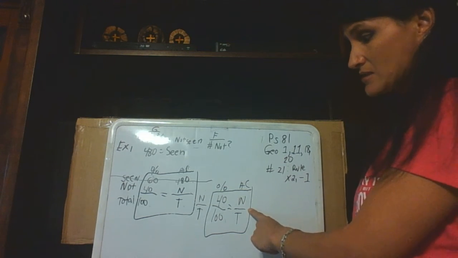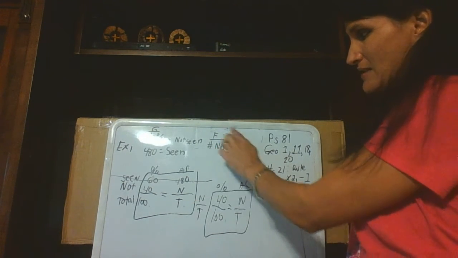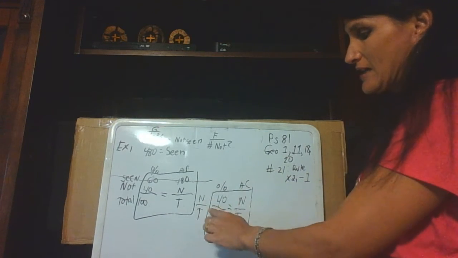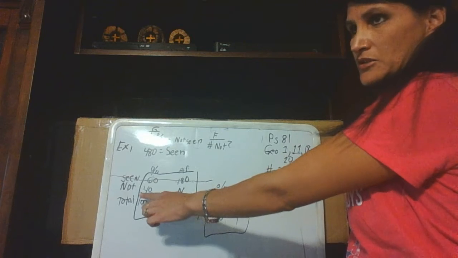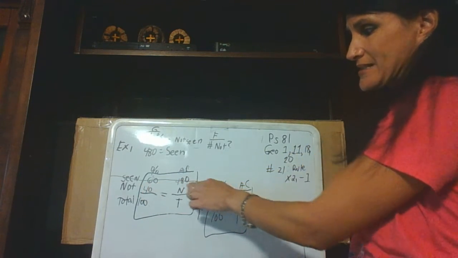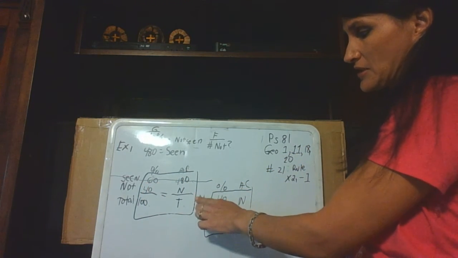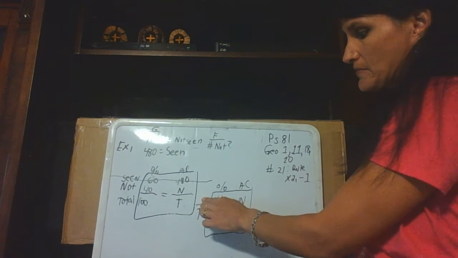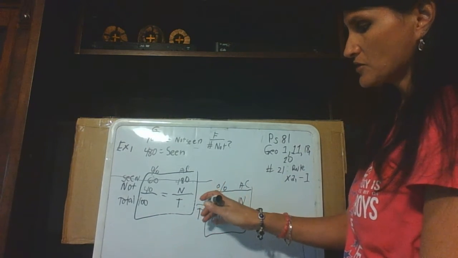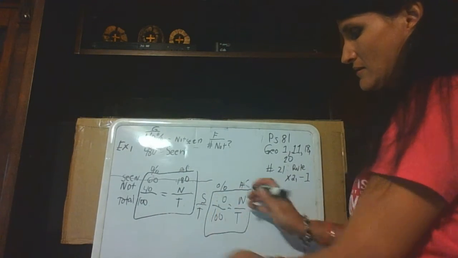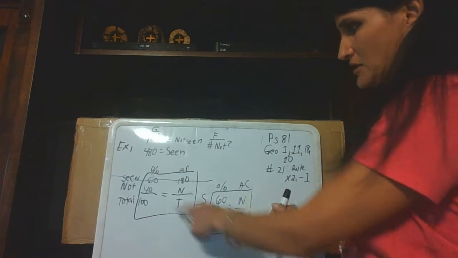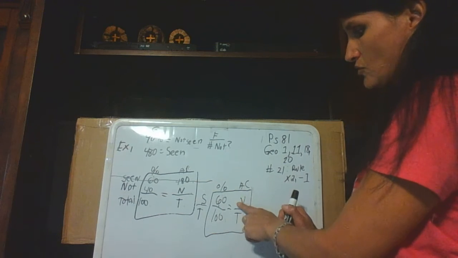So that means even though my find is asking me to look for the not, I can't use the not column. So I'm going to have to go back and use the numbers that are given, which are my seen column. So I'm going to actually have to change this to S for seen, put in the 60, and then change it over here to 480.